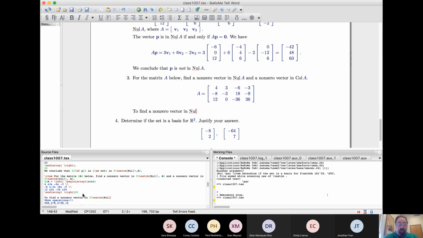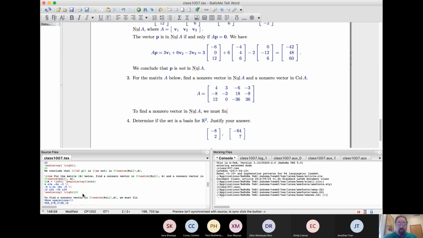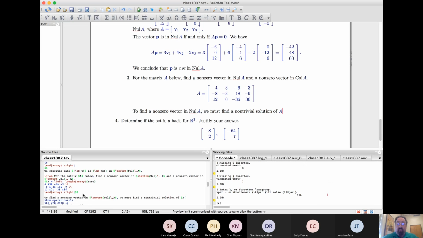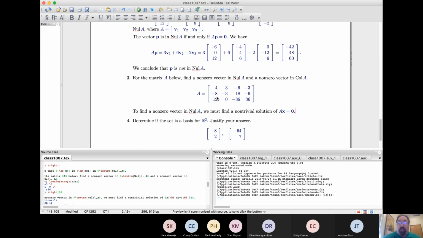So find a vector in the null space of A. Just find a non-trivial solution of AX equals 0. For that, we can perform the usual row reduction and see if we have any free variables.